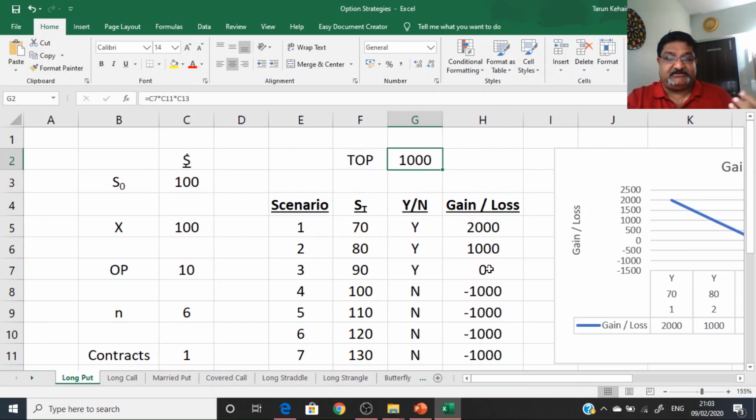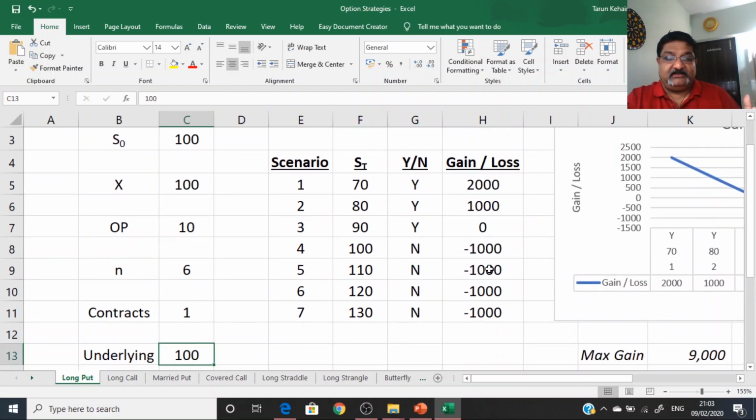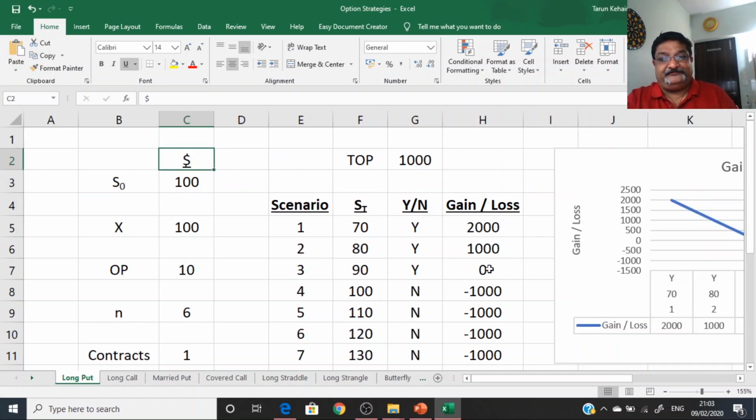There are 100 stocks, and for every stock which forms part of the contract where you have taken an option, it costs you $10. So 1 into 100 into 10, that is your total option premium that I have mentioned here.